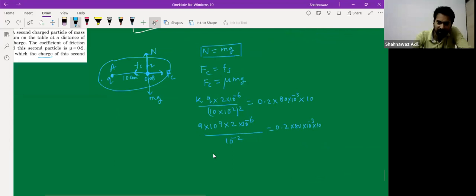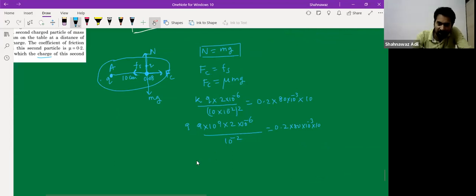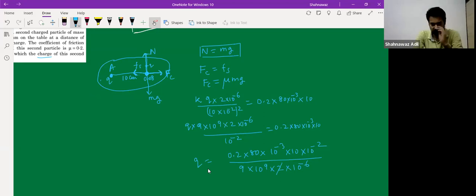So Q would be 0.2 into 80 into 10 to the power minus 3 into 10 into 10 to the power minus 2, divided by 9 into 10 to the power 9 into 2 into 10 to the power minus 6. Okay, so 2 and 2 cancel.